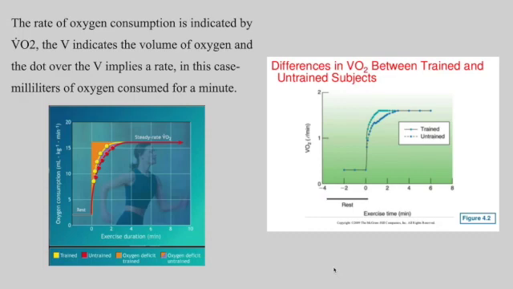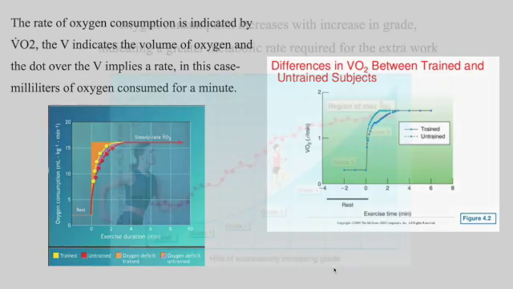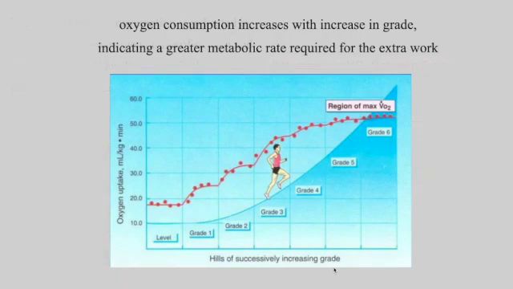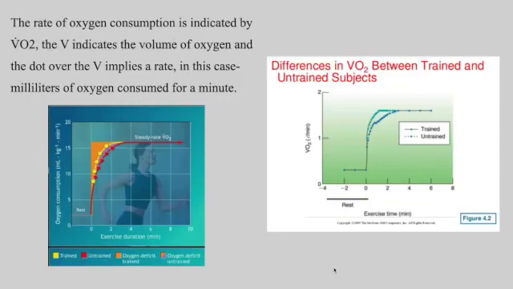You can see in these two pictures or diagrams the differences in VO2 between trained and untrained subjects. So how that's going to be different, and how an athlete or someone who is training is breathing or utilizing that VO2 compared to a non-athlete.